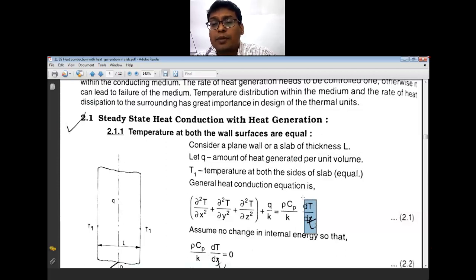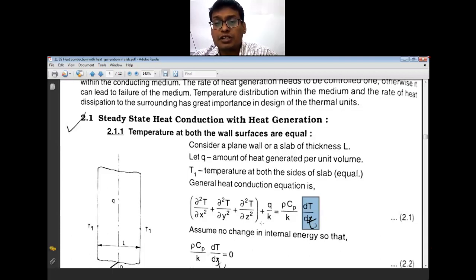If this variation of temperature with respect to time is not there, that means it's a steady state condition. No quantity should vary with time. When a quantity varies with time, we consider it an unsteady state. And steady state means the quantity is not varying with time. Here the temperature is not varying with time. That is why we call it steady state heat conduction.